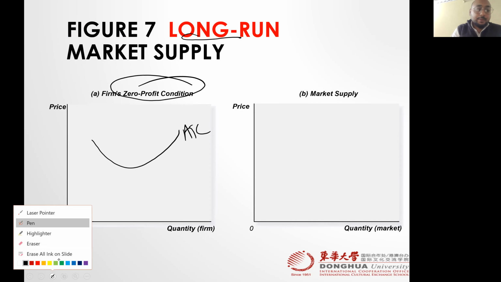At this level, we assume that individual firm MC is equal to market MC. But if they have different cost structures, then we see that the marginal cost is still upward sloping. Otherwise, the market supply curve is a horizontal straight line.